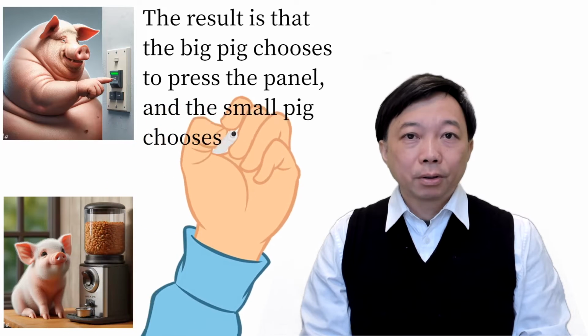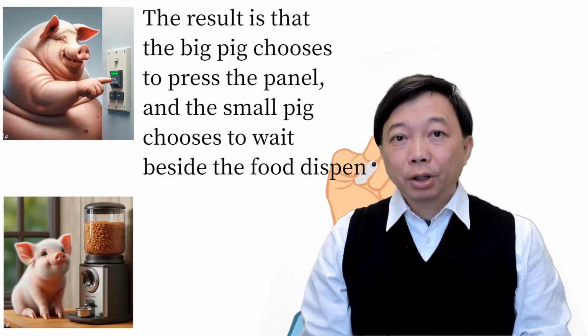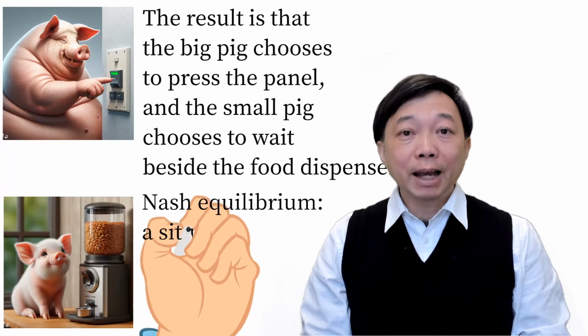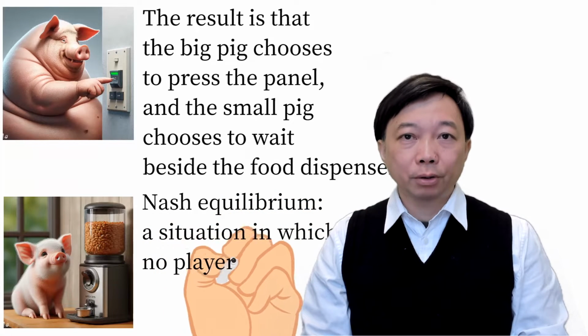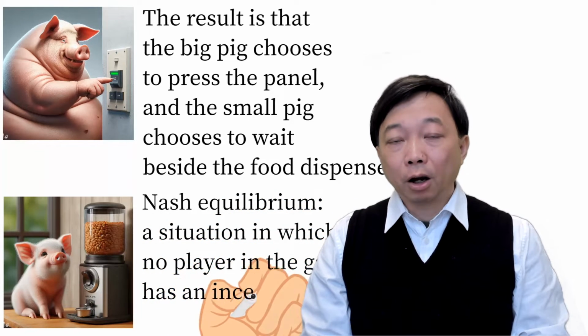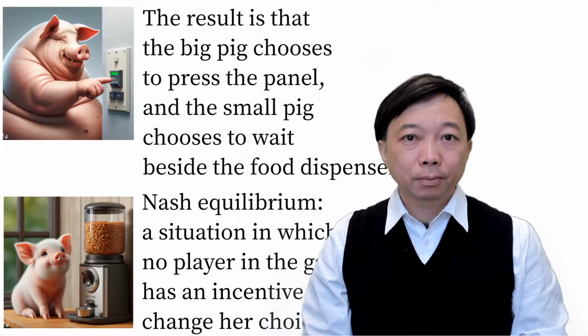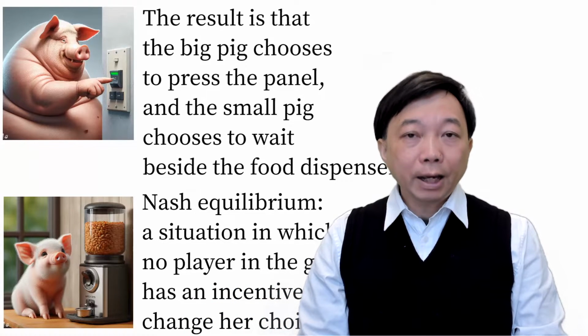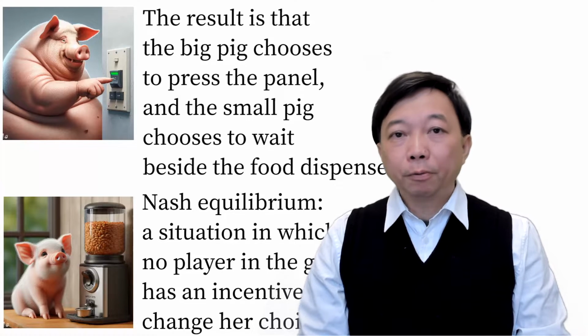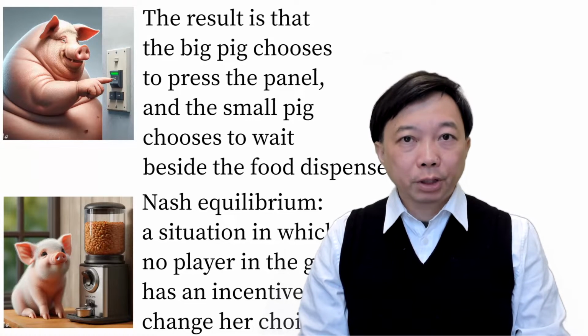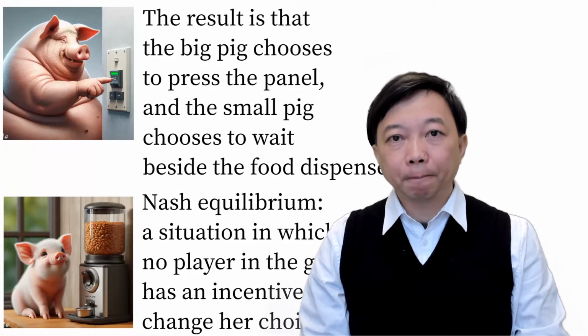This result is called a Nash equilibrium. A Nash equilibrium is a situation in which no player of the game has incentive to change her choice. In the Nash equilibrium, both pigs have 4 units of utility in this pig's game.